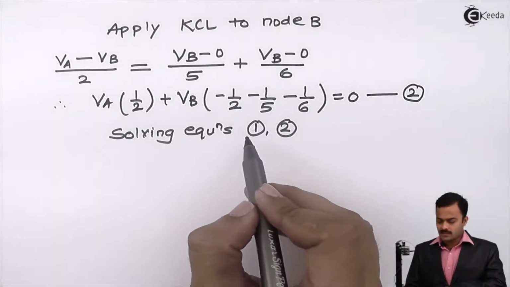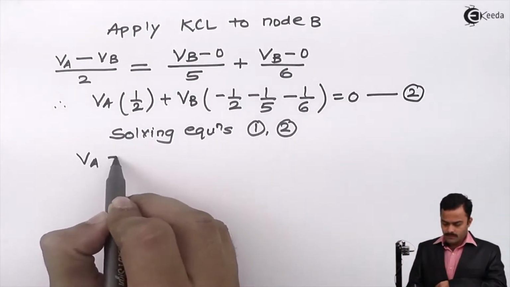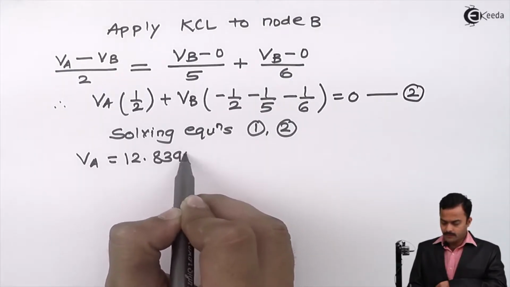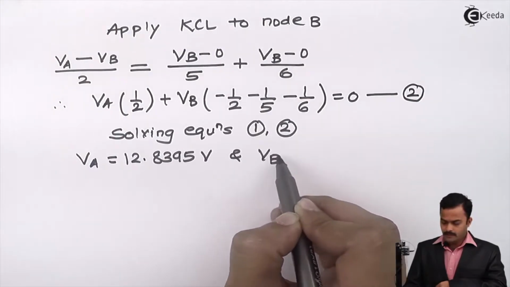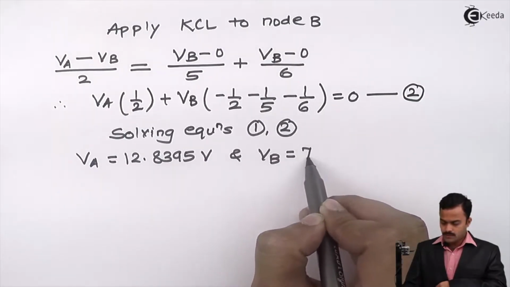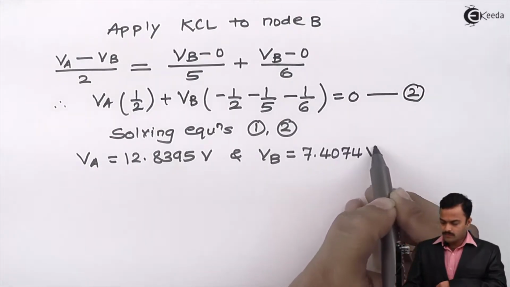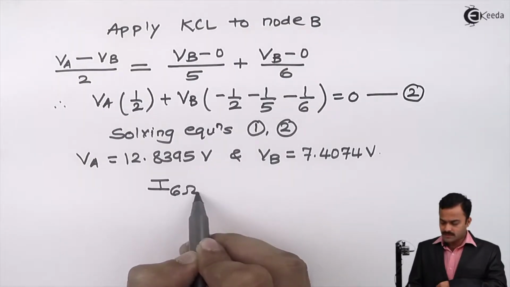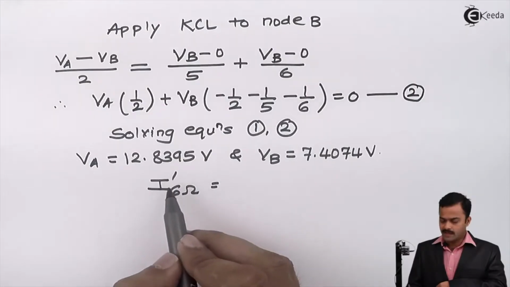So solving equations 1 and 2, I will get VA as 12.8395 volt and VB equal to 7.4074 volt. The objective is to get the current flowing through the 6 ohm resistance, and that is because of only one source. So I will consider I dash 6 ohm.